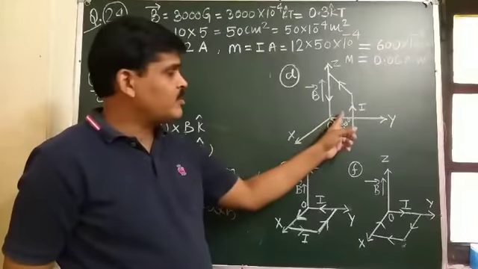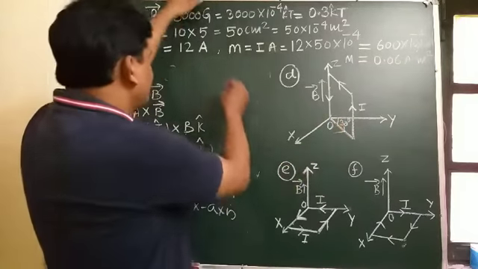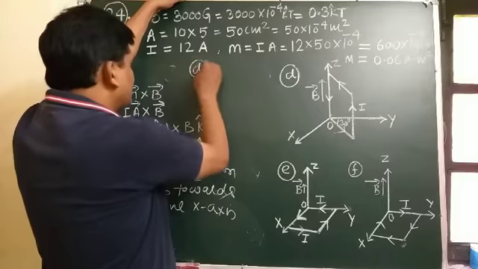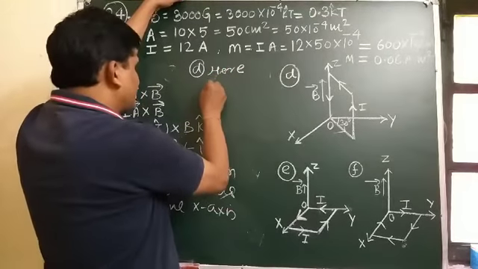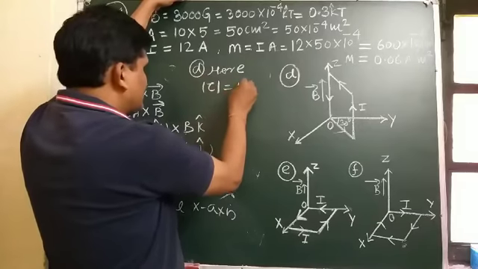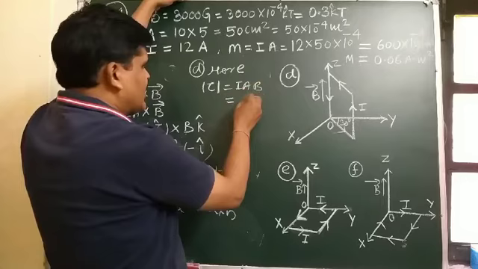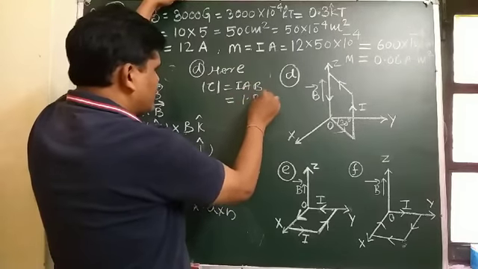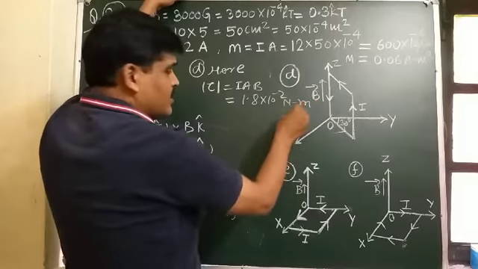Only the direction of torque is 90 plus. Here in part D, magnitude of torque is IAB, and IAB is 1.8 into 10 to the power minus 2 Newton meter.